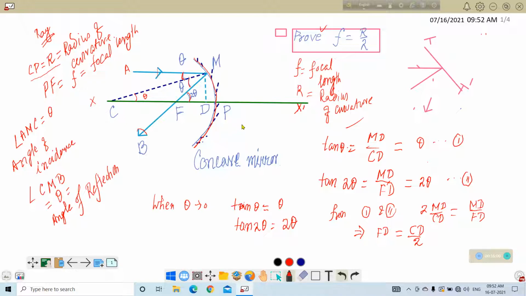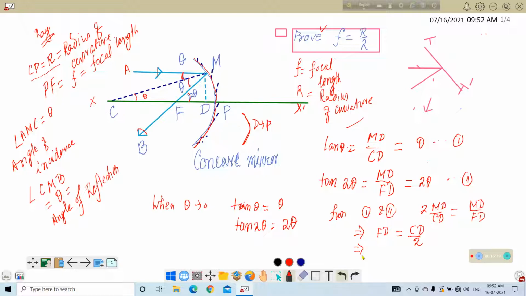Actually, D tends to P for a particular shape of this curvature. So when D and P are not separate points, these 2 points are identical and only a single point, then we can say FD is equal to FP.